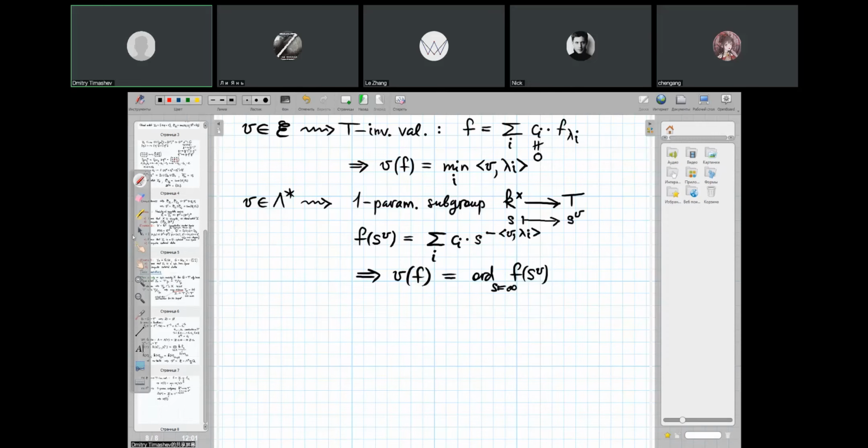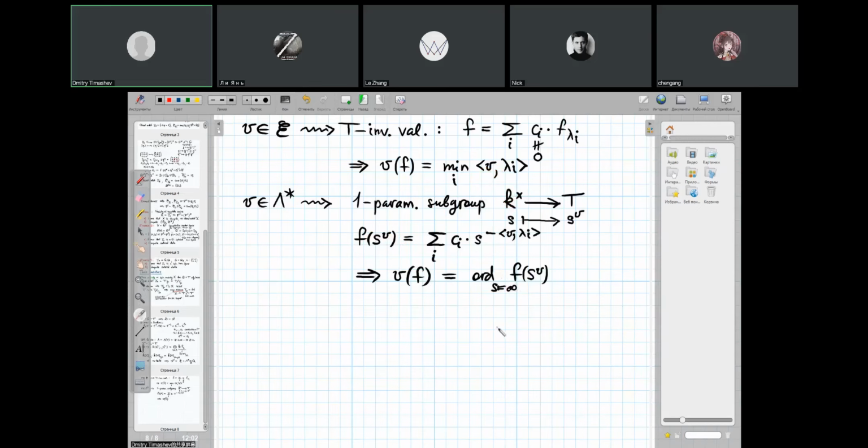So this function f of S to the v is a function on k star, on k cross. You may consider it as a rational function on the projective line. And this value is exactly the vanishing order of this function at infinity.